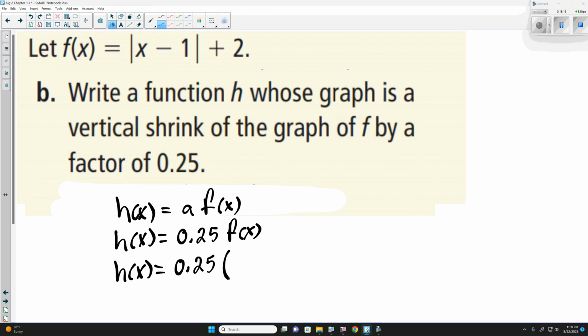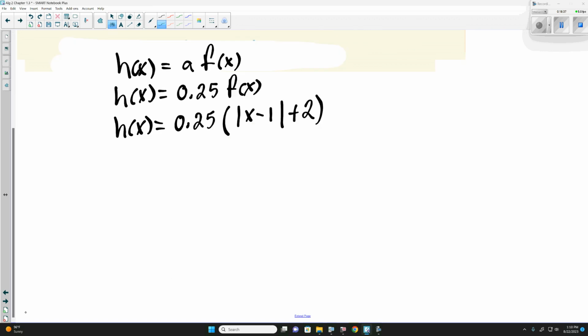Now, just like with the previous ones, we need to just replace our f of x with its function. Absolute value of x minus 1, plus 2. And now that we have that written, we need to just distribute.